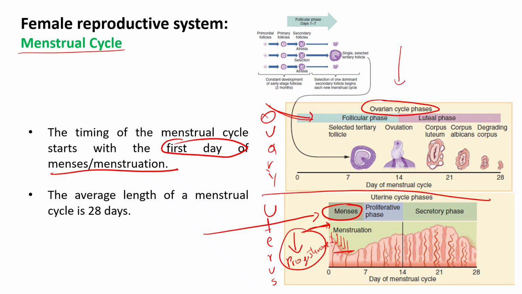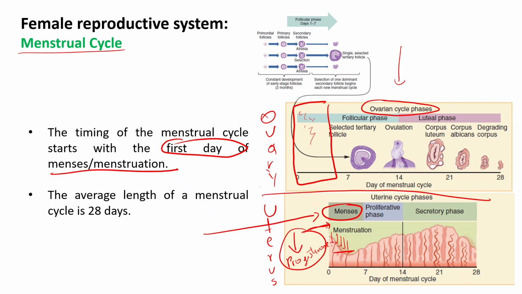This occurs because the egg was not fertilized. Because the egg was not fertilized, the egg gets lost, and then there's no more production of progesterone. Notice that here is when we don't have any follicles, because the previous follicle, the one that released the egg that did not get fertilized, got degraded. So then the cycle repeats.